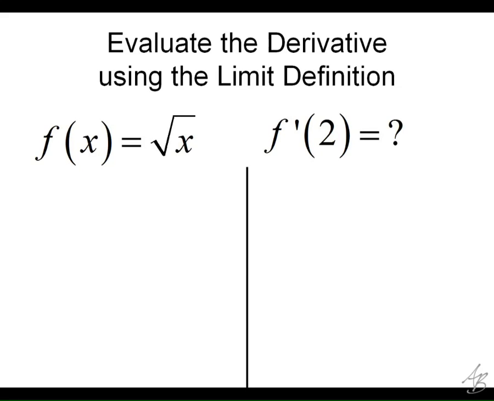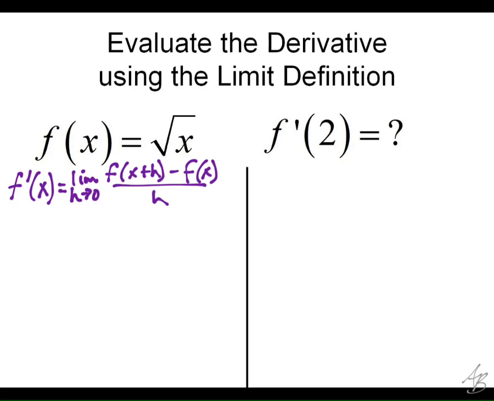We probably only have time to do this one way, so I'm going to do it the way that is going to be more versatile. So let's do it with the limit definition of the derivative as a function. So f prime of x equals the limit as h approaches 0, or delta x approaches 0, of f of x plus h minus f of x over h.